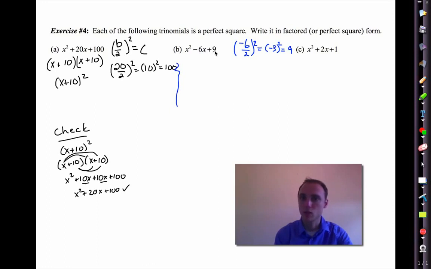So my b term halved and squared gives me the c term. So now when I factor it, I should get a perfect square. So let's factor this. What multiplies to +9 and adds to -6? Well, it's -3 and -3, which is x minus 3 squared.